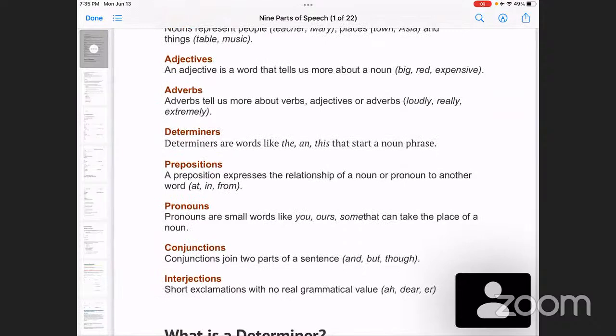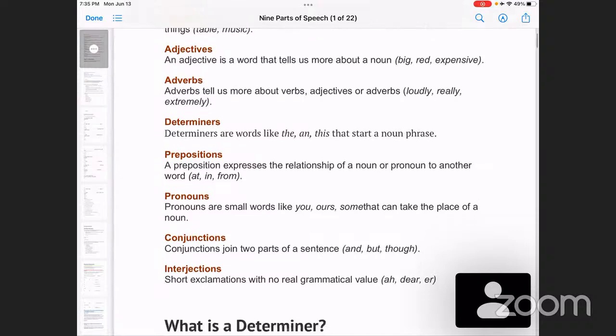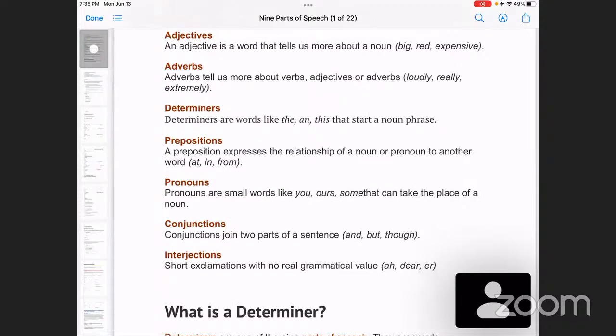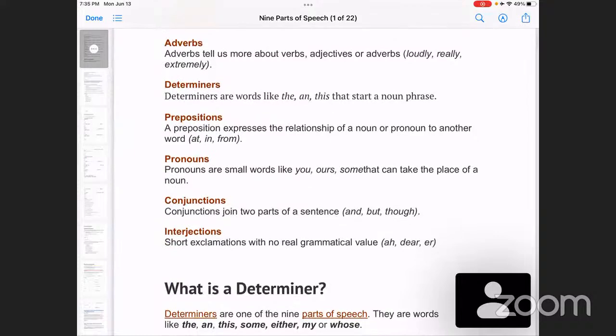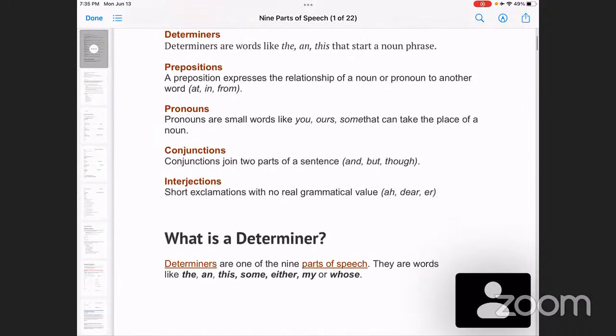Conjunctions. Conjunctions join two parts of a sentence: and, but, though. Interjections. Short exclamation with no real grammatical value, like "Dear." These are words that are called interjections, which we use pretty much in our daily language, and it's a more informal way of talking.